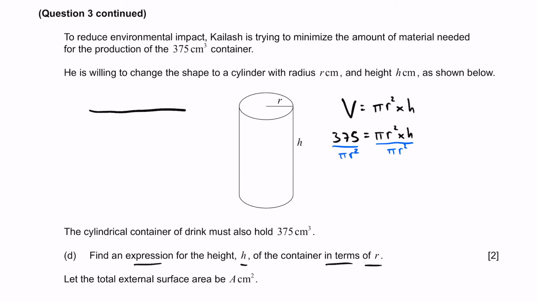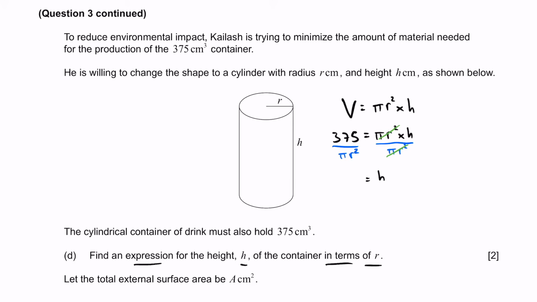Essentially, this is the idea of balancing scales. You can divide both sides by a half, for example, and the scale still balances. Divide everything by pi r squared. As long as we divide both sides by the same thing, our scale remains balanced. So pi r squared divided by pi r squared cancels out. Anything divided by itself is equal to 1.